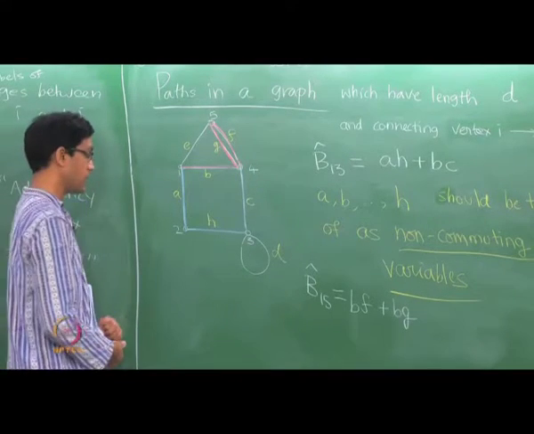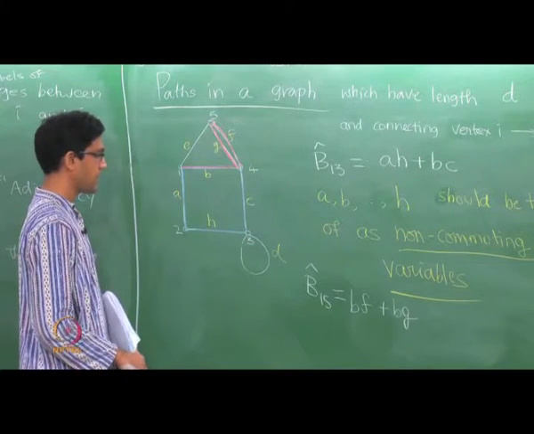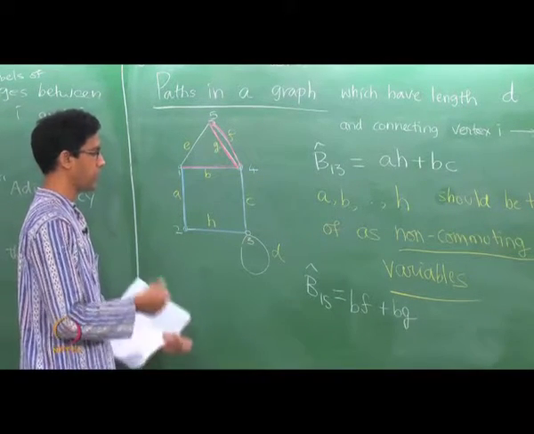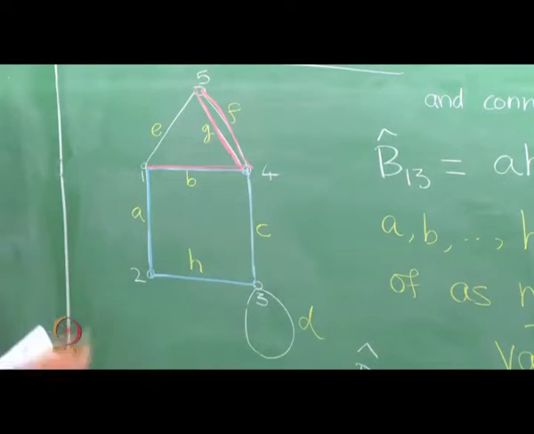Okay, so b hat 1,5 is now, well, what is it? It really counts the sum of all edge labels or words which encode paths of length 2 between 1 and 5.